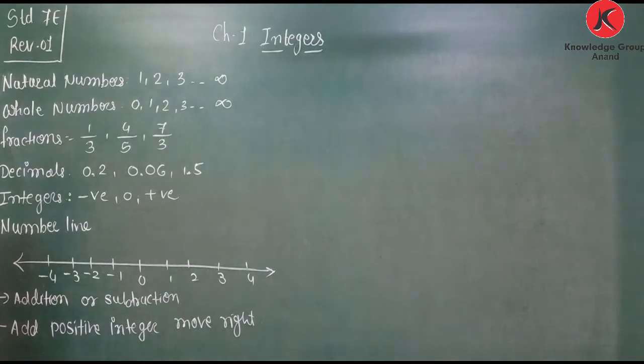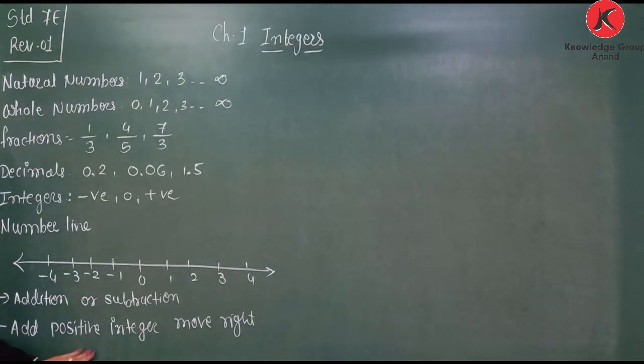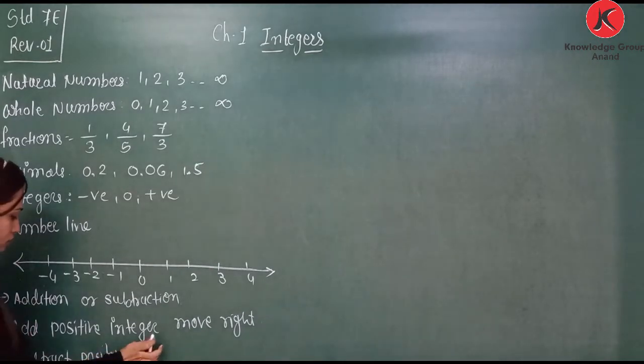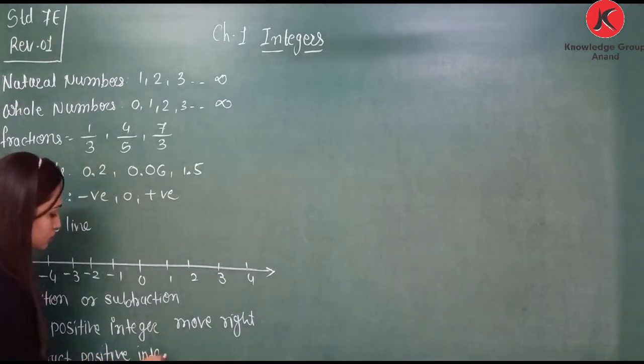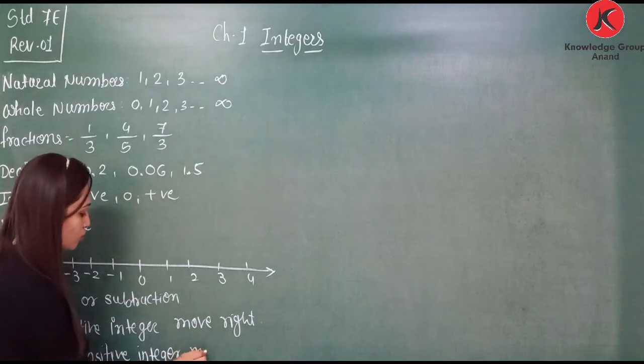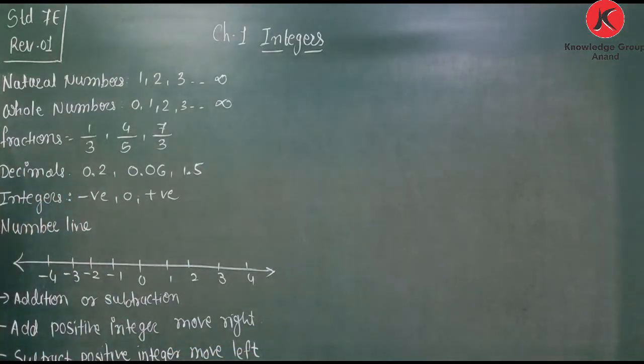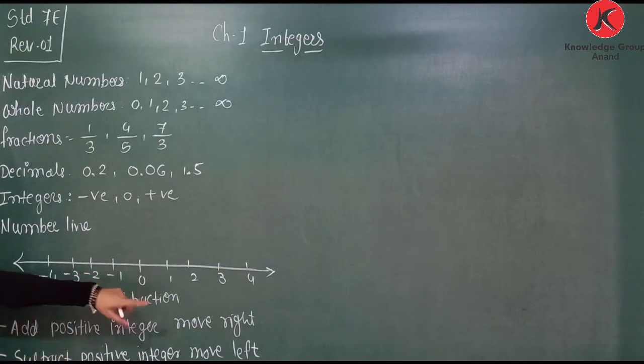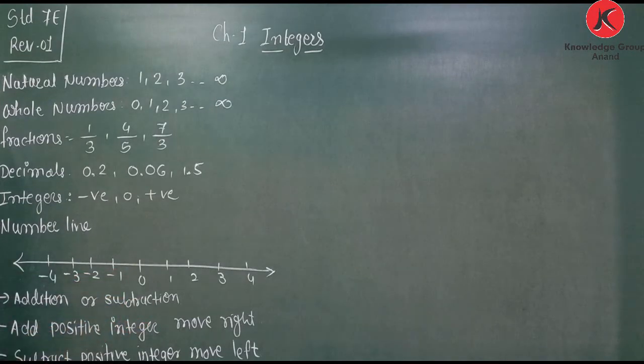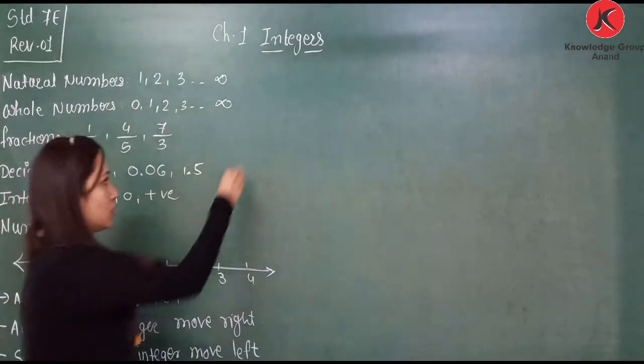In any integer, if we add a positive integer, then move on the number line to the right side. If we subtract a positive integer, then move left side.